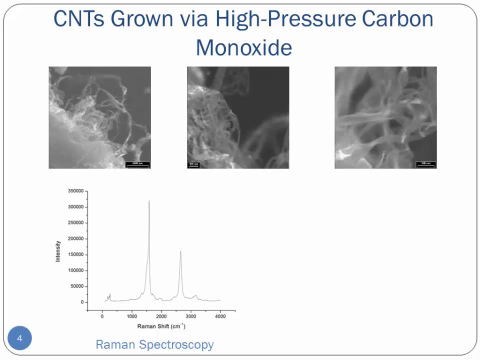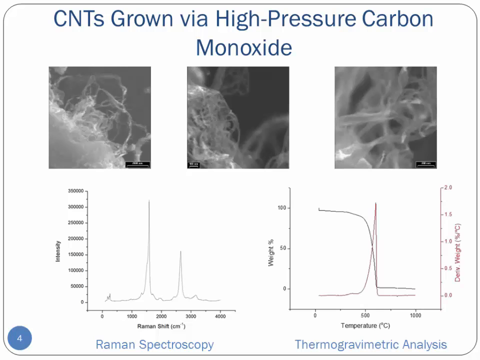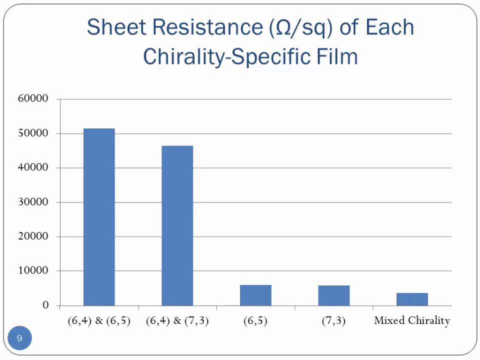And another question. You said that the conductivity of the mixed chirality is higher. Is that because you have metallic tubes? Yeah, for the mixed chirality, the conductivity is higher, so the sheet resistance is less, because you have metallic tubes.